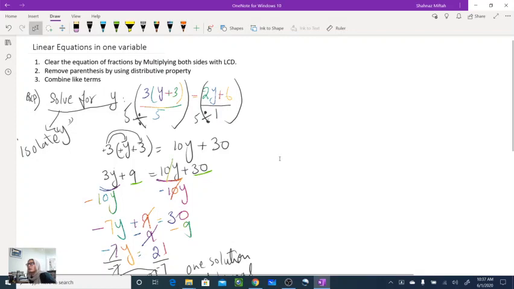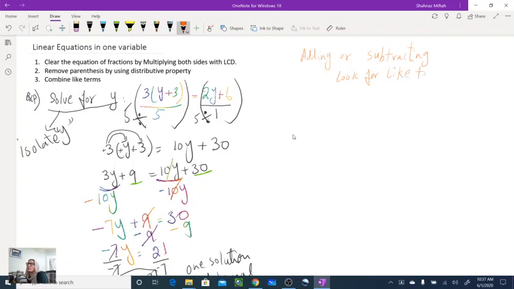Before I go to the next example, I want to give you something really important, guys. When you are adding or subtracting, whether they are expressions or equations, make sure you look for like terms.